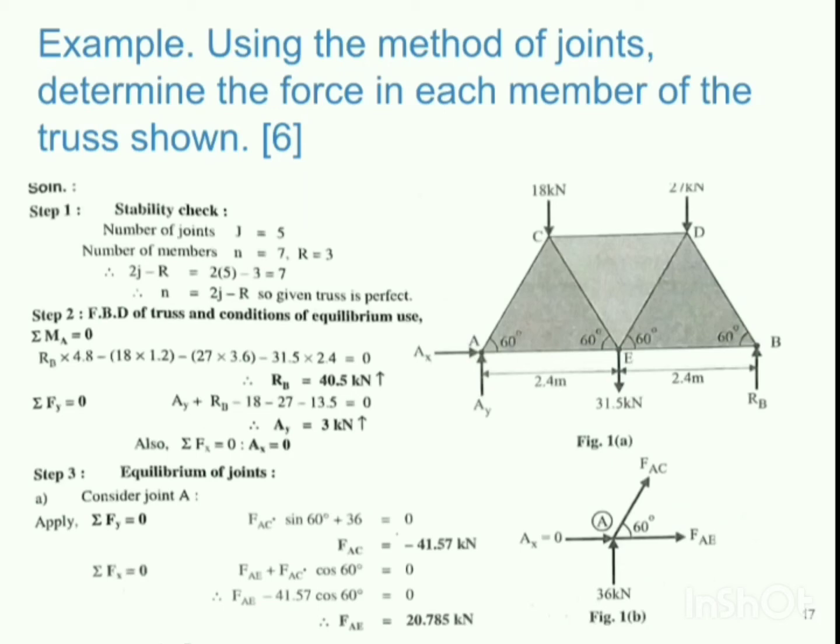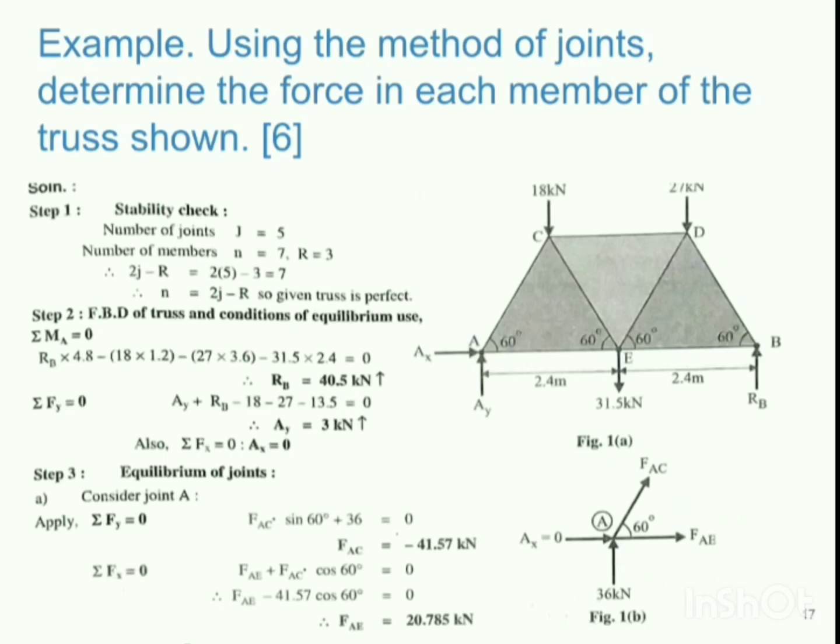Now, we will apply both the conditions of equilibrium, summation Fx and summation Fy, for finding out the unknown member forces FAC and FAE. By applying Fy, we got the value of FAC as minus 41.57 kilonewton. And by applying Fx, we got the value of FAE as 20.785 kilonewton.